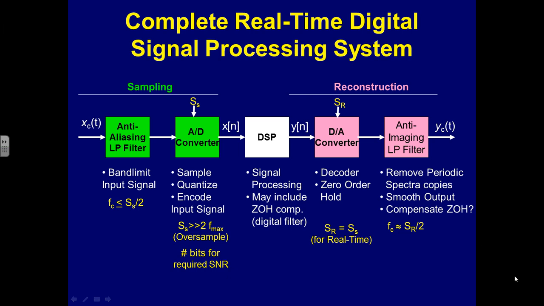Today we're going to finish off the study of the sampling and reconstruction process for how we turn continuous time signals into discrete time signals. We've already looked at the spectral effects of that, how the spectrum of an analog or continuous time signal is affected by the sampling process using an impulse sampling model.